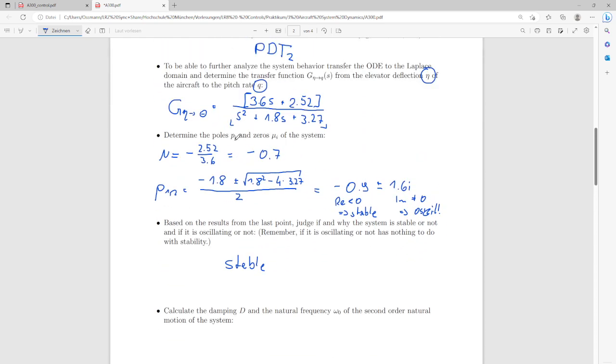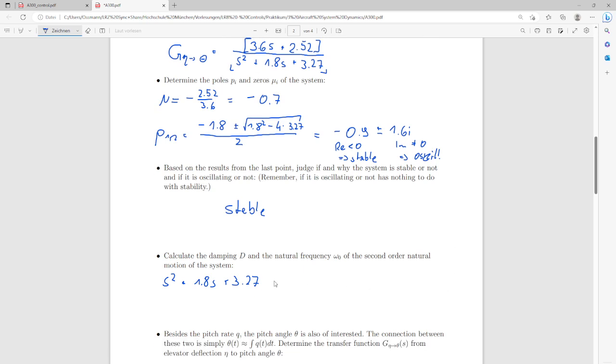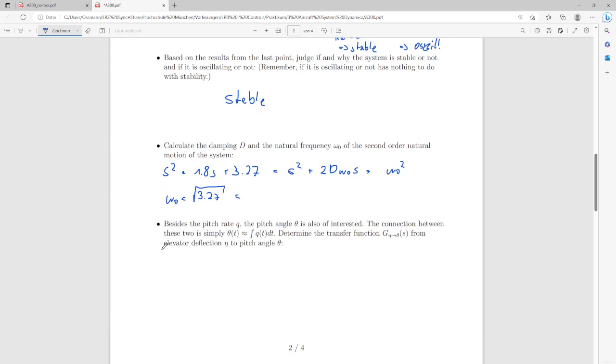If we take a look, I can actually write it down. So we have s squared plus 1.8s plus 3.27 in the denominator, and this we can do by comparing the coefficients with s squared plus 2D omega 0 s plus omega 0 squared. So it follows that omega 0 is nothing but the square root of 3.27, which equals, good question what it equals.